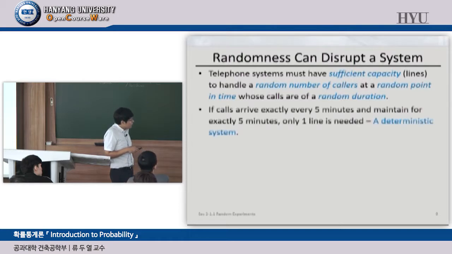So this is the example. If calls arrive exactly every 5 minutes and last for exactly 5 minutes, only one line is required. Why?